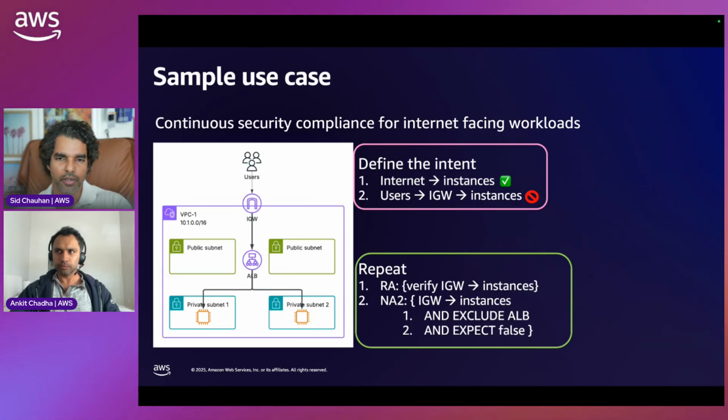But I just want to reiterate, Ankit, what you said: it's very important to define the intent. And it's not just important for what we're talking about today, but where I'm seeing networking in general going, especially now with generative AI, which, by the way, if we have time, we may talk about how you can do some of this through Amazon Q and generative AI. Ankit has that teed up for us as well.